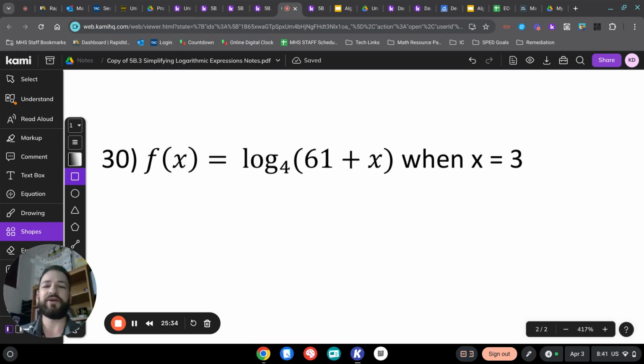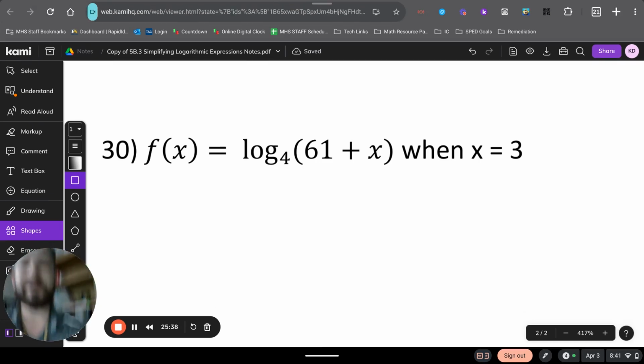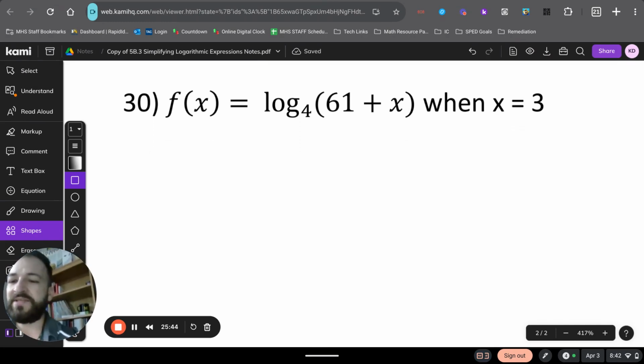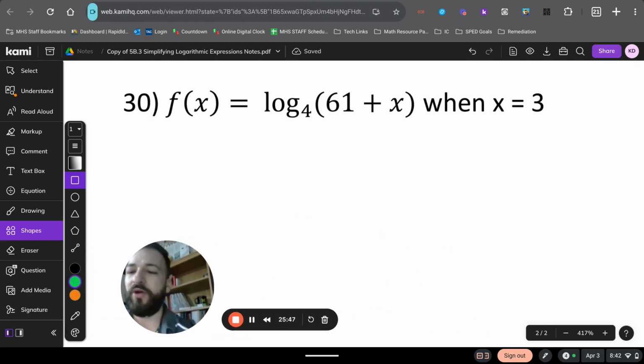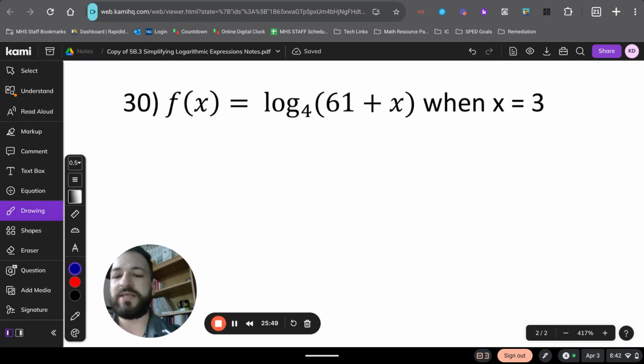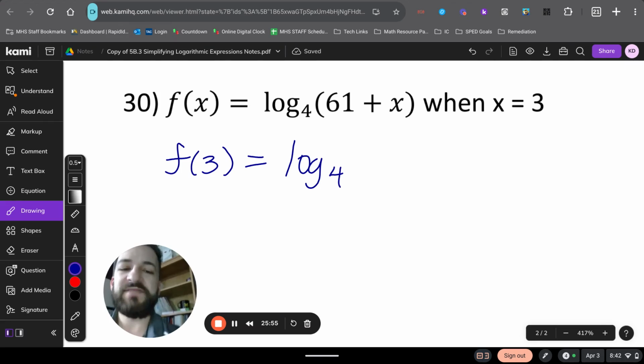So we have something like 30, f of x is equal to log base 4 of 61 plus x. And we want to know what's the value when x is equal to 3. So this seems almost kind of crazy, but really all we're doing is plugging in that value of 3. So f of 3 would be equal to log base 4 of 61 plus 3. Okay?